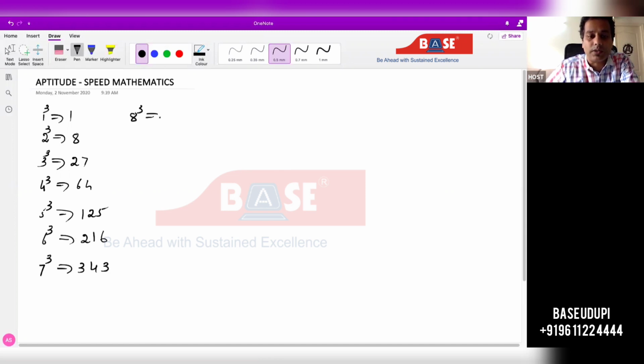Similarly, 8 cube is 512, ends with 2. 9 cube is 729, ends with 9. 10 cube is 1000, ends with 0.